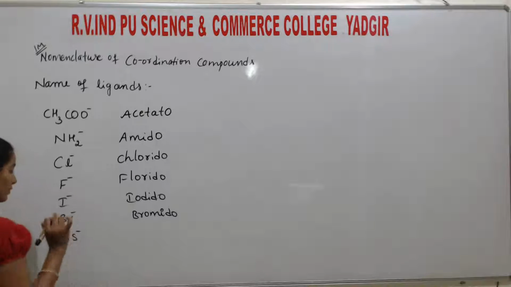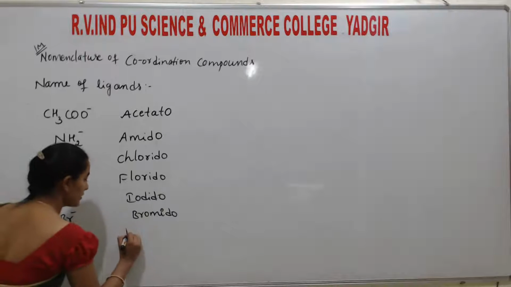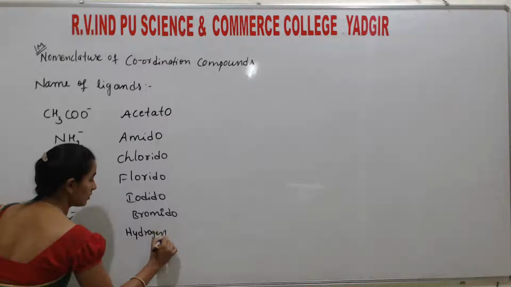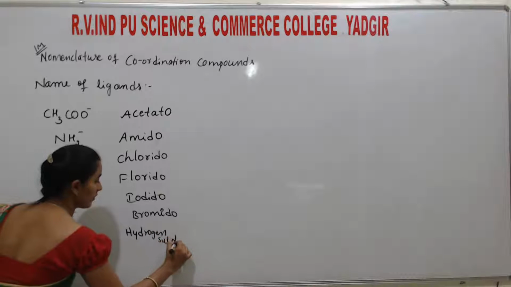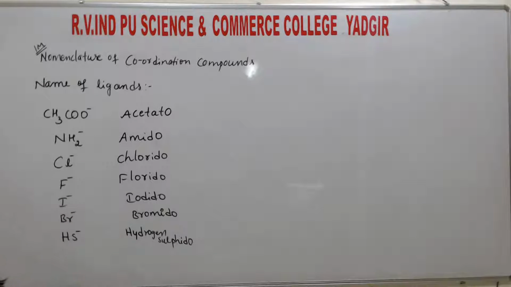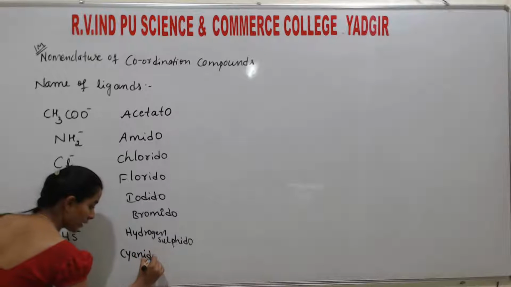So the next one is HS minus, that is hydrogen sulfide. Hydrogen sulfide. Next one is CN minus, that is cyanide.